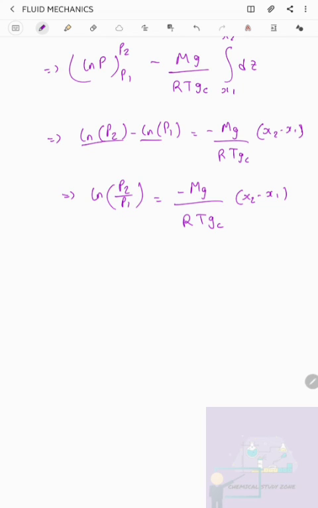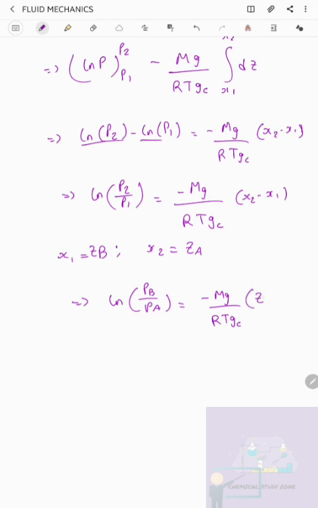So again the same condition, if x1 equals zb and x2 equals za, then ln of pb by pa equals minus mg by RT/gc into zb minus za.